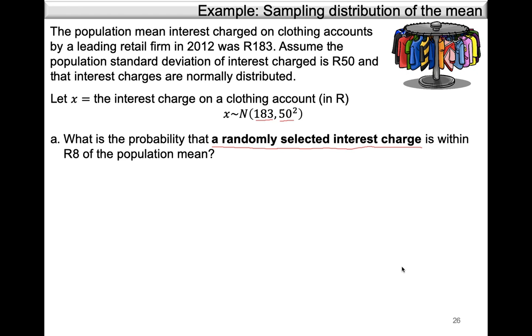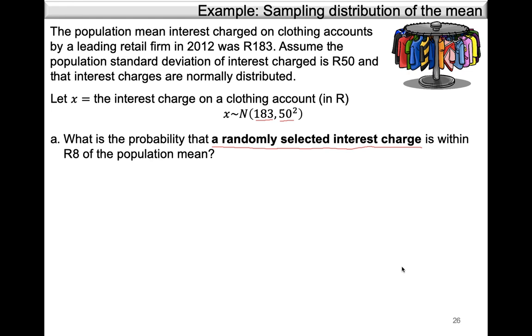So going back to what the question has asked us, we need to find the probability that x is within 8 rand of the population mean. This tells us that as the population mean is your starting point, then x can be at most 8 units away from the population mean. So x can be at most 8 units larger or 8 units smaller.